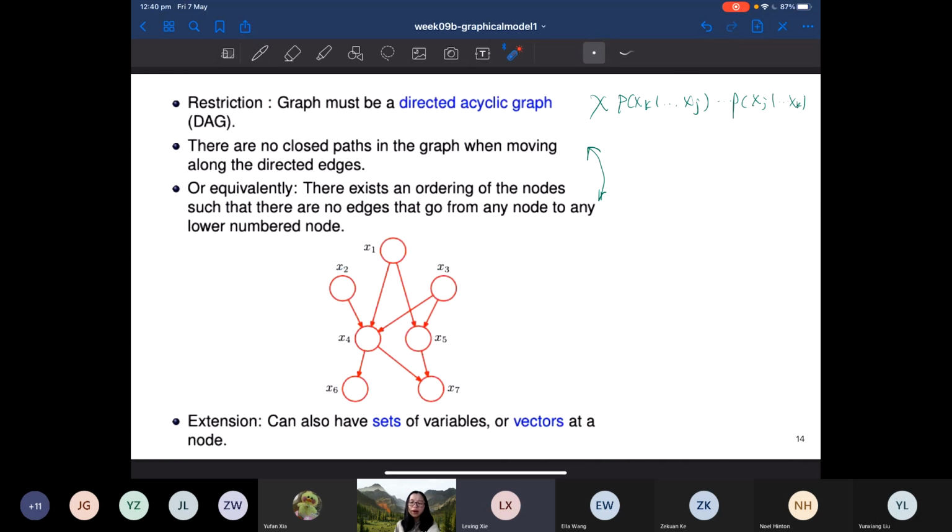So you may say, right, we now assume each node takes a number of discrete values. What about, can we have continuous nodes? Yes, we can.